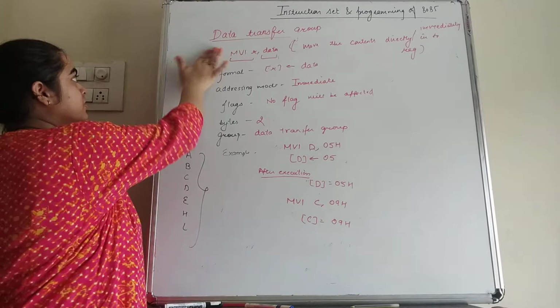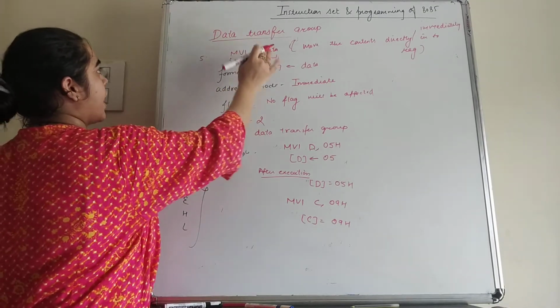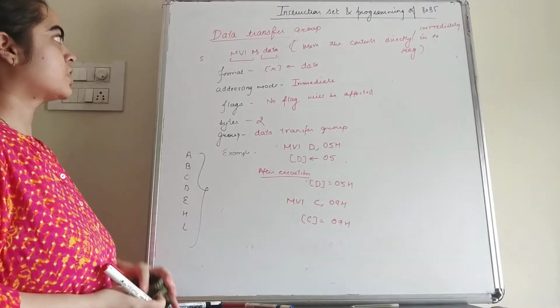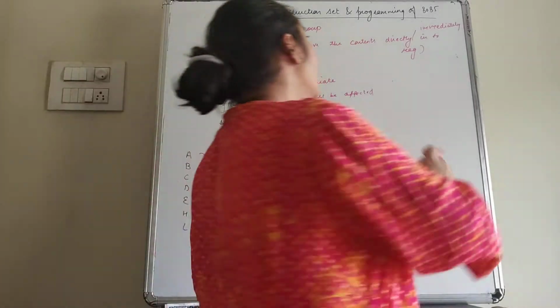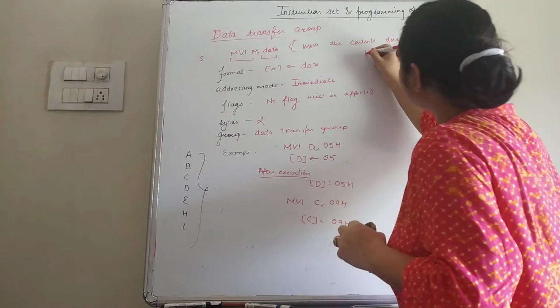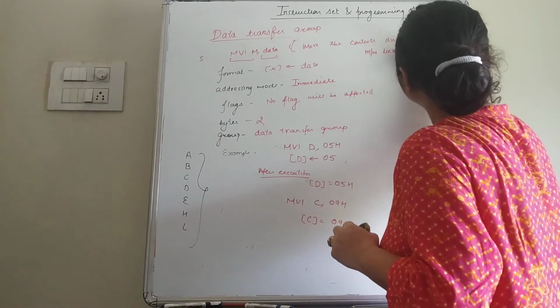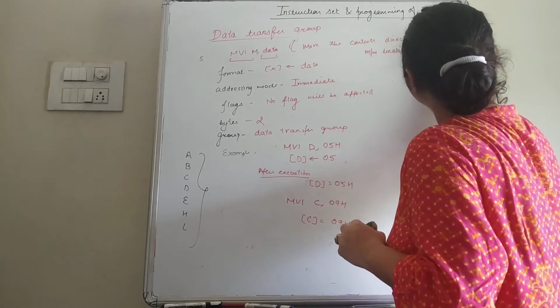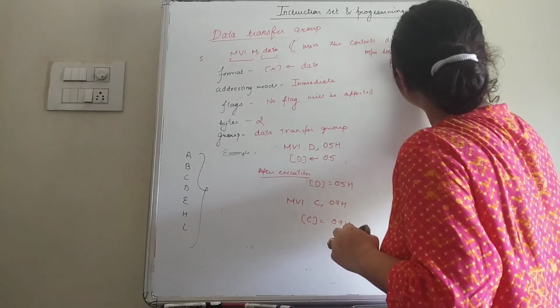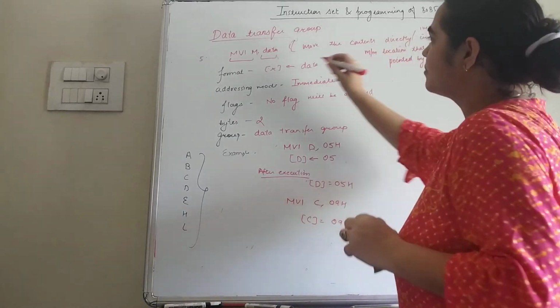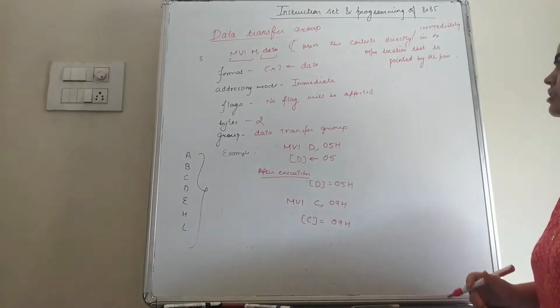After this, the next instruction we have is MVI M, data. This instruction means move the contents directly, or immediately, into the memory location pointed by the HL pair.